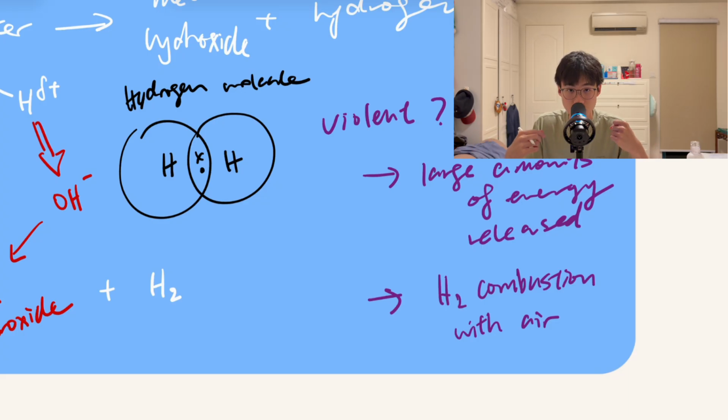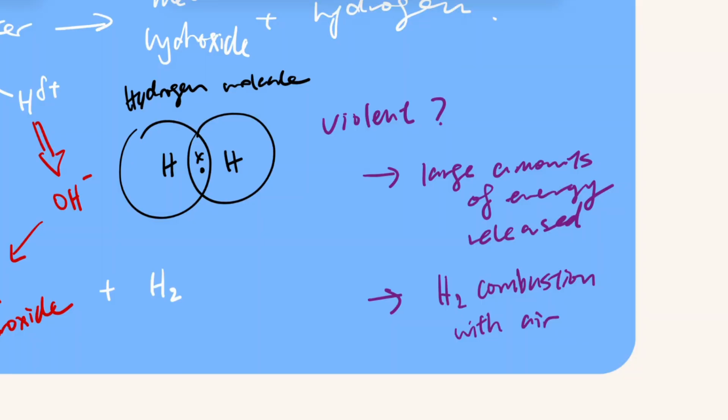Therefore, there's less attraction of the electron with the nucleus. Therefore, the electron is more readily lost. More readily lost meaning less energy, less activation energy for the reaction. Therefore, more readily happening. And therefore, more energy release. Therefore, more violence. The reason why it's violent is because the hydrogen gas released undergoes combustion with oxygen in air.